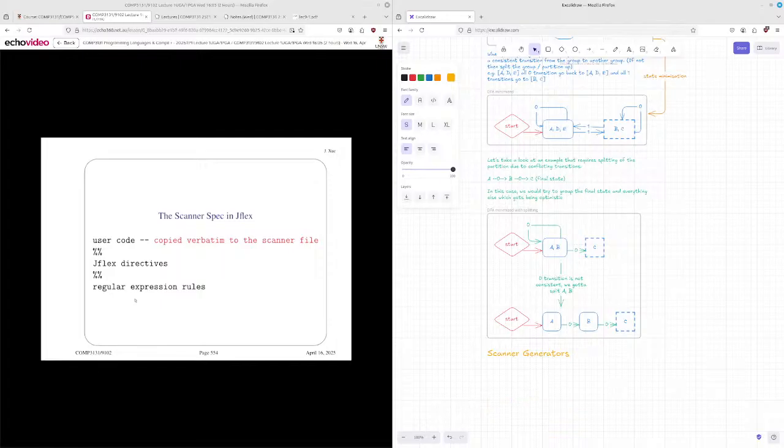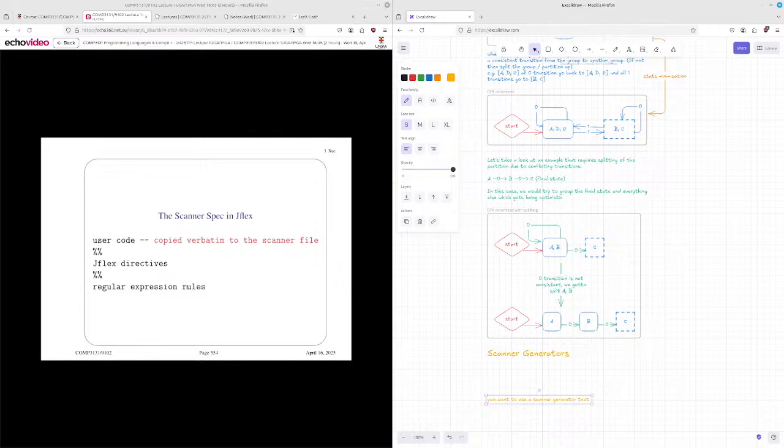You need to give a specification. Typically, a specification has 3 parts. You personally have written some code, and on the top, the scanner generator will just copy that into the generated scanner file. It's not going to change that in any way. Directives, you will see what that means.